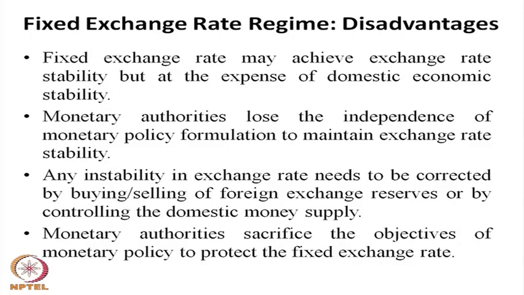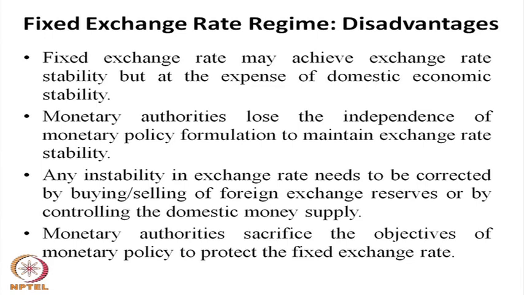Any instability in the exchange rate needs to be corrected by buying and selling of foreign exchange reserves or by controlling the domestic money supply. Because when you want to maintain stability in the exchange rate, the monetary authority needs to interfere in the domestic market by continuously buying and selling foreign assets.